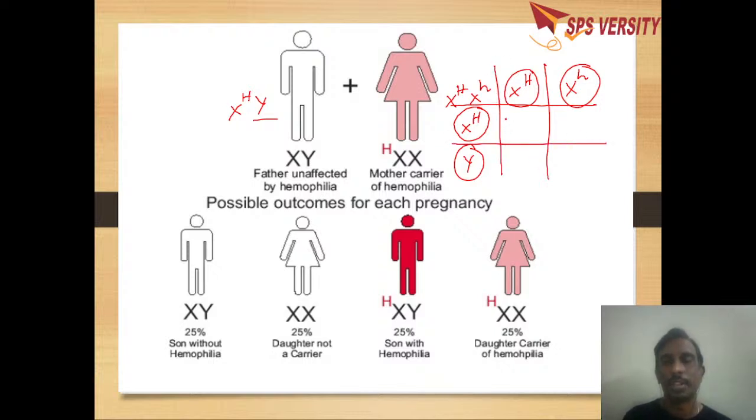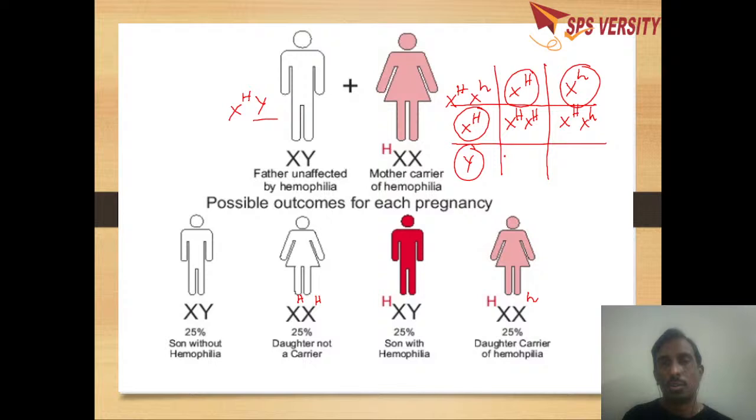So here what will you get? Normal female, X capital H, X capital H. Next, carrier female, that is a daughter carrier, X capital H, X small h.